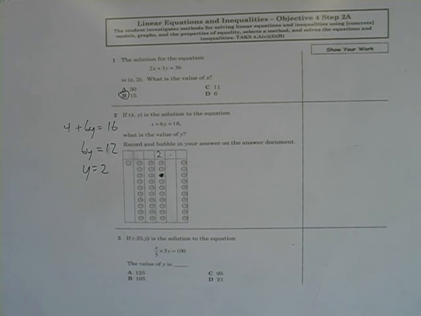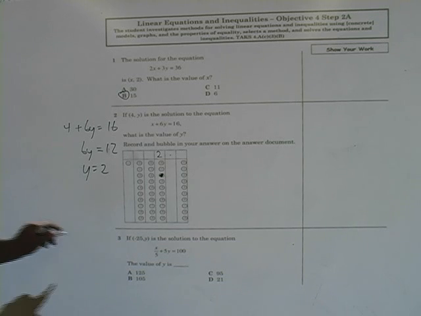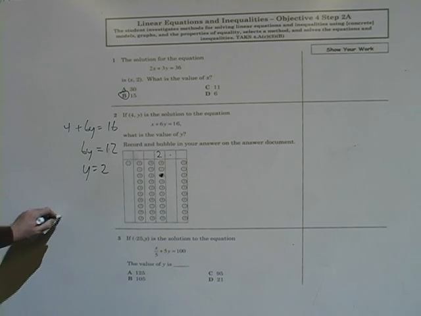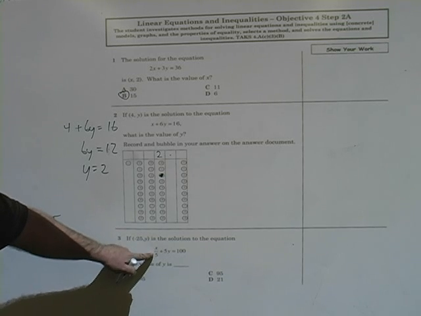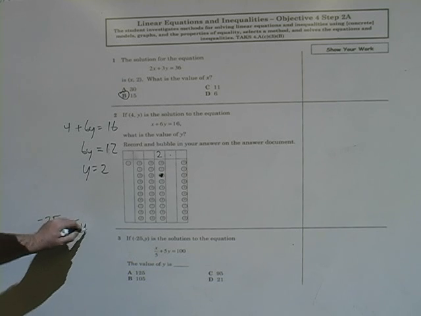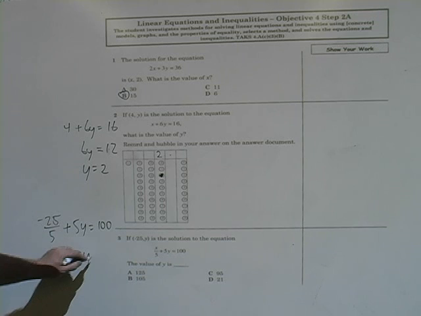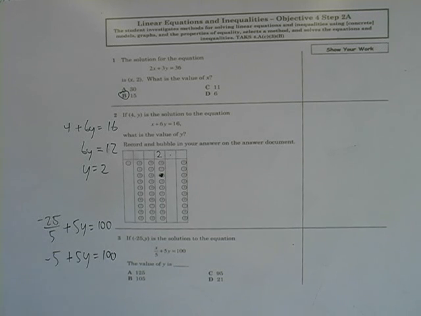Number 3. X is negative 25. So I'm going to plug that in here. So do the math there. Negative 5 plus 5y is 100. I'm going to add 5 to both sides.